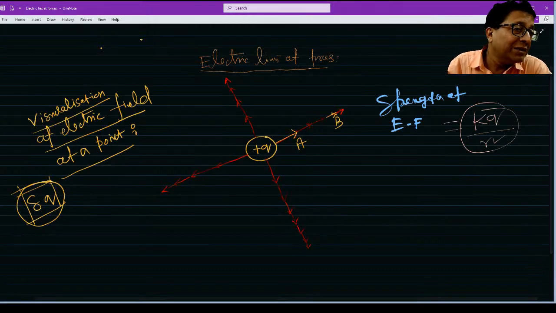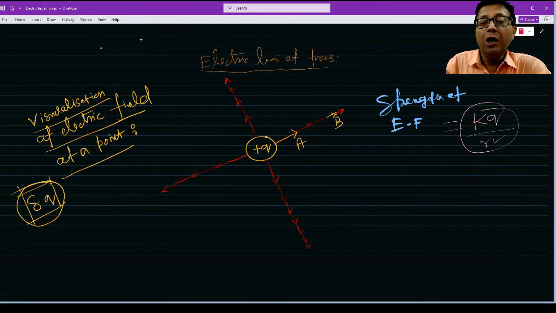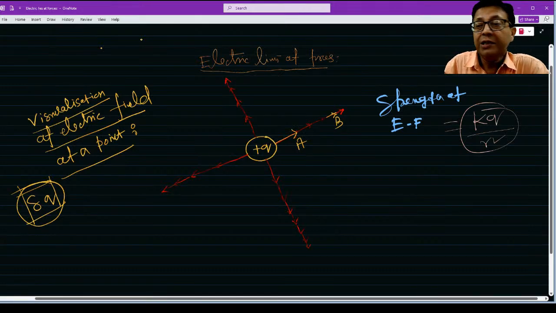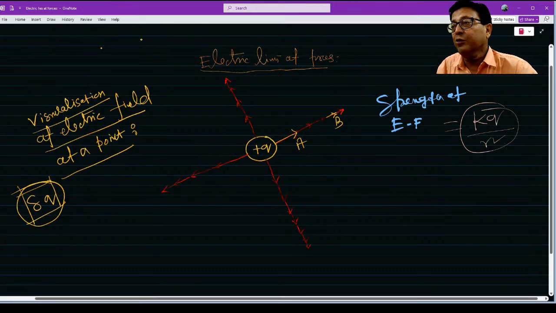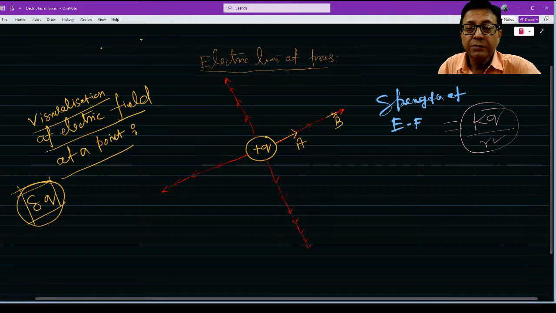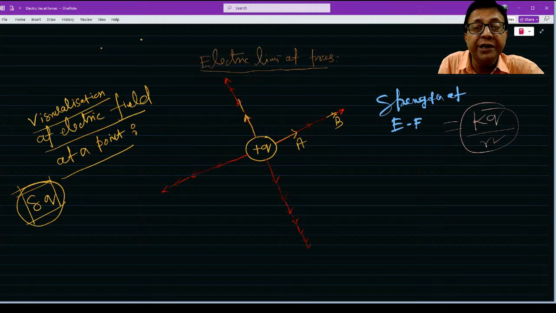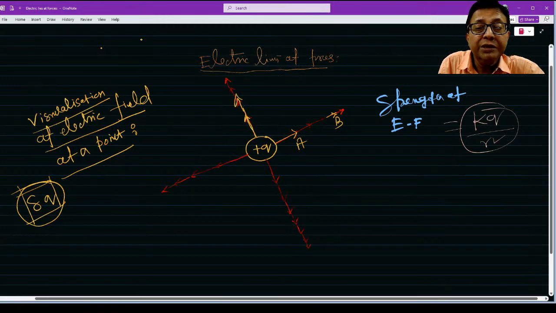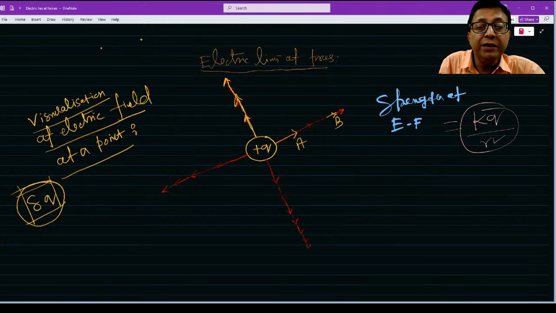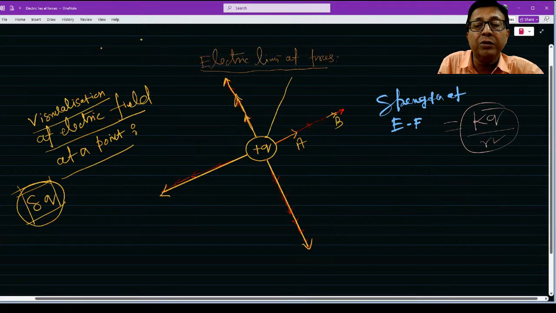Del Q, a vanishingly small test charge, how much force it experiences, its measurement is this only, no? kq by r square. So the direction of force experienced by the charge is radially outward. That's why the lines of forces are directed radially outward. It is this way. Okay, I have taken these four only, but many can be drawn.